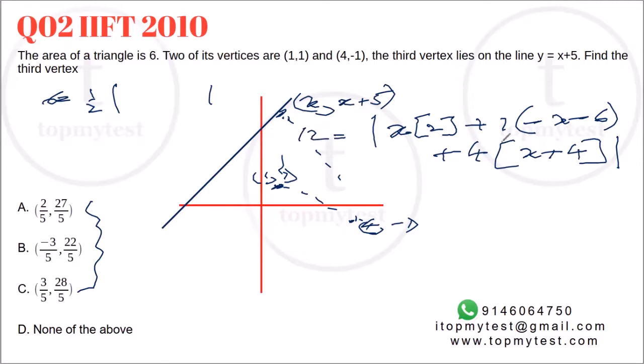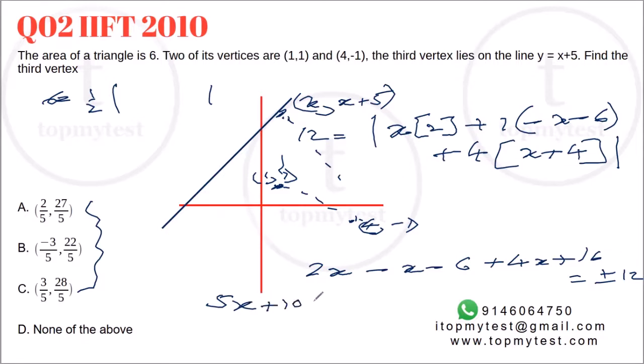Let's rewrite this. You will get 2x minus x minus 6 plus 4x plus 16, and if you remove the modulus, it will be plus or minus 12. So 2 minus 1 plus 4 will be 5x, and minus 6 plus 16 will be 10, which should be equal to plus or minus 12.